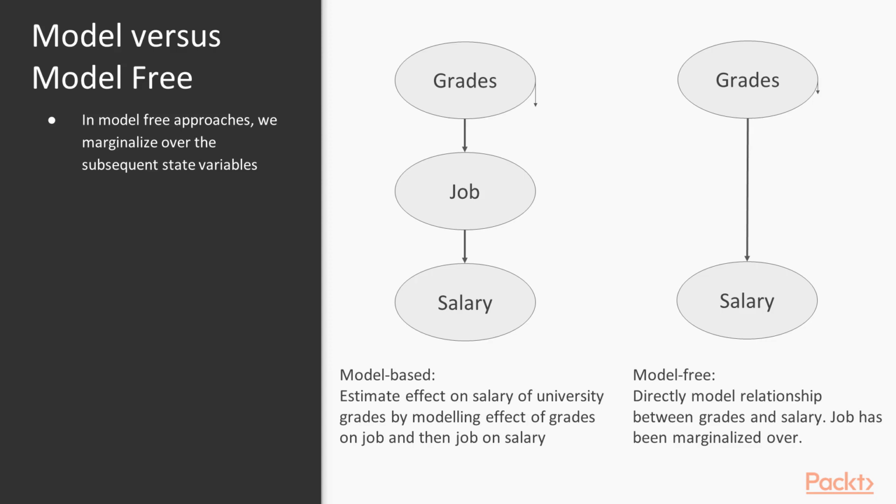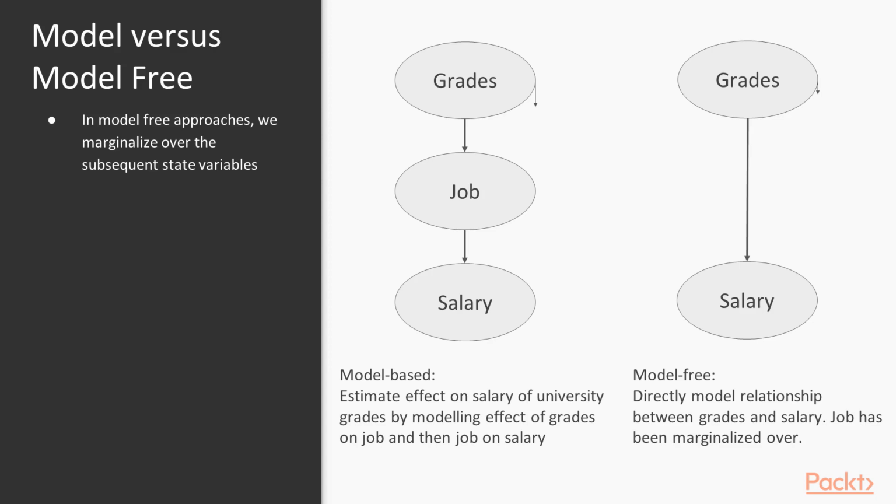Consider the situation. Let's imagine a simplified world where the salary that you have depends only on the job you hold, and the job you hold depends only on the grades you had at university. Now, there may be some randomness involved in these relationships, but that's the basic causal structure. So if we wanted to model the relationship between your grades at university and your salary, then we could, of course, explicitly model this whole chain.